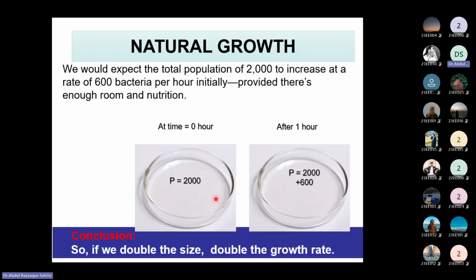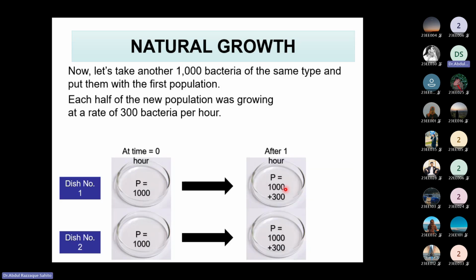अच्छा, अगर इसकी जगह मैं एक बड़ी पेट्री डिश लेता और उसमें इनिशियल पॉपुलेशन 2000 रखता, सेम कंडीशंस होतीं, एटमॉस्फेयर कंडीशन सेम और फूड की कंडीशन भी सेम. अगर पहले थी 1000, अब इनिशियल पॉपुलेशन 2000, what will happen to the growth? ग्रोथ 300 होगी या 600 होगी? डबल होगी, 600. डबल हो जाएगी. डबल क्यों होगी? 350 भी हो सकती है, 300 भी हो सकती है. क्वांटिटी डबल है. देखें, ये पेट्री डिश छोटी थी, इसमें 1000 मैंने ऐड किया, तो दोनों में पॉपुलेशन इंक्रीज अप्रोक्सीमेटली 300 आई.